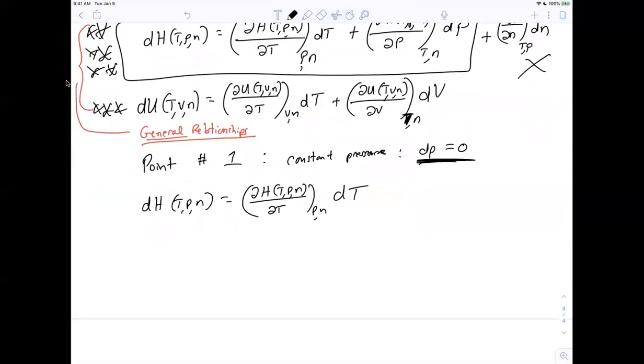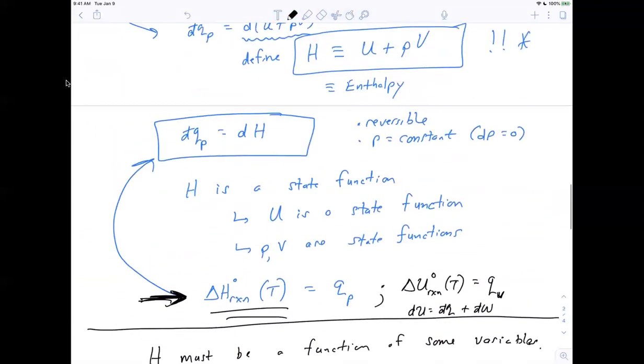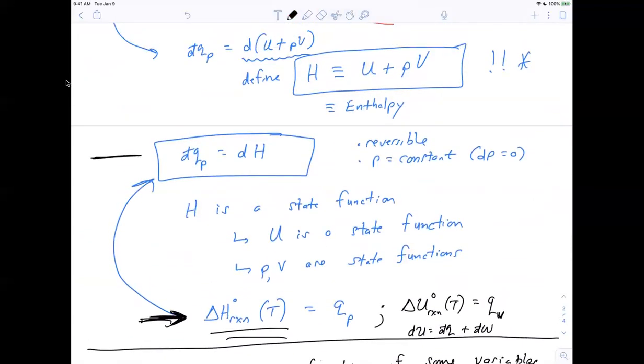The other thing we have here is that at constant pressure, dH is equal to dQp. Remember, this is what we found here at constant pressure. So dH is equal to dQ sub P at constant pressure.